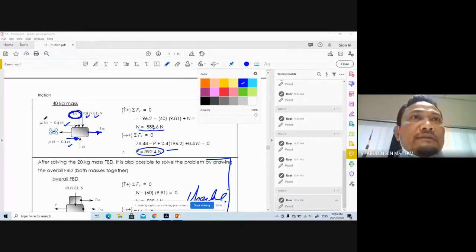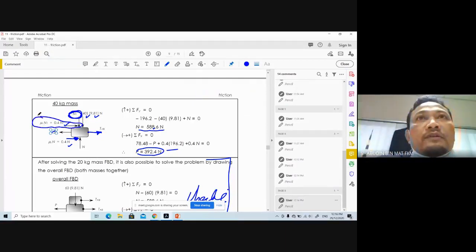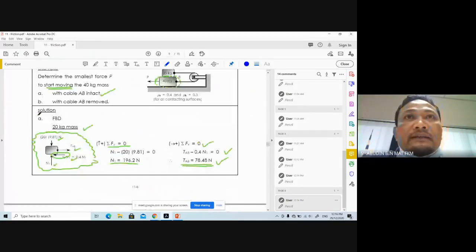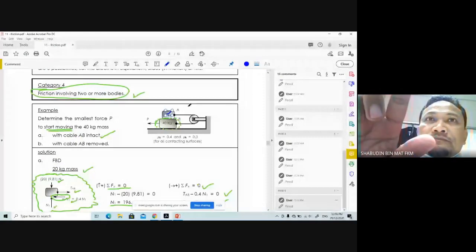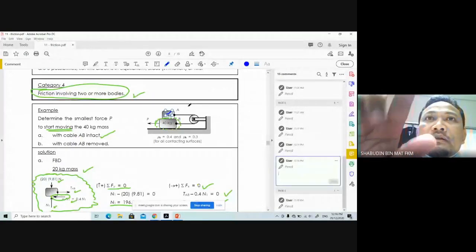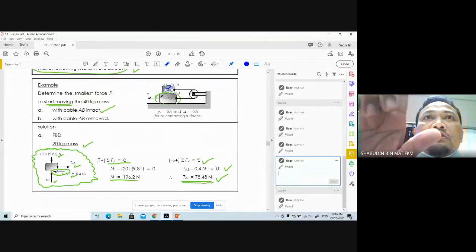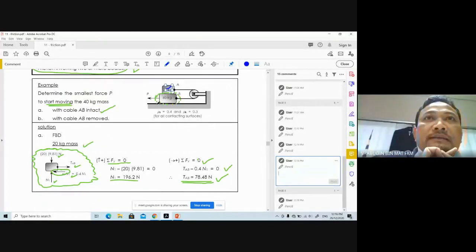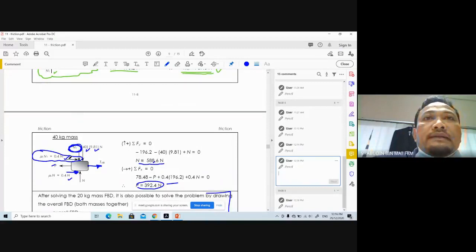Be careful, because the first object is subjected to only one friction force, on the lower surface, but the second object is subjected to two frictional forces. Okay, that's it. Then get the force P.